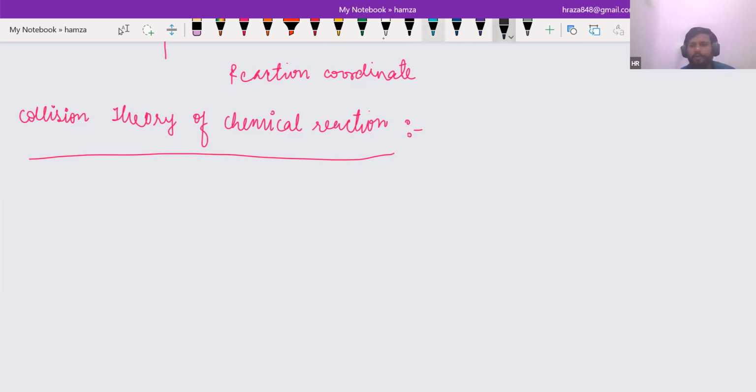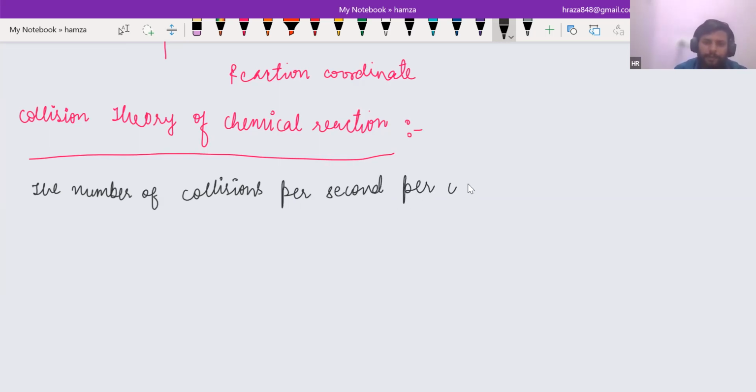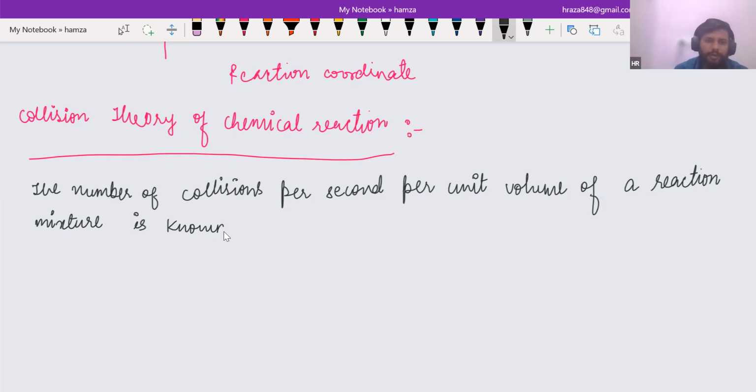I'm going to write the definition of collision frequency first. Write with me: the number of collisions per second per unit volume of a reaction mixture is known as collision frequency.